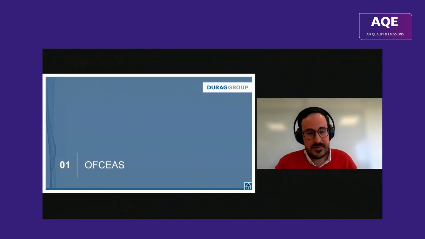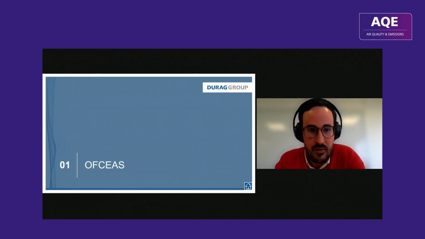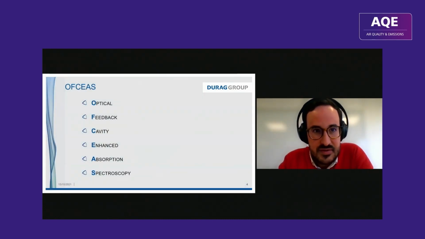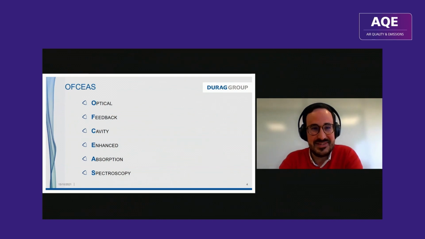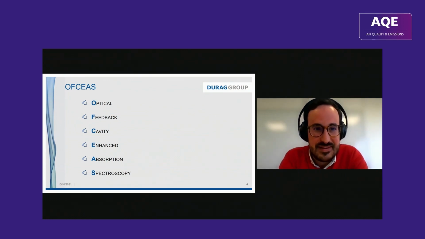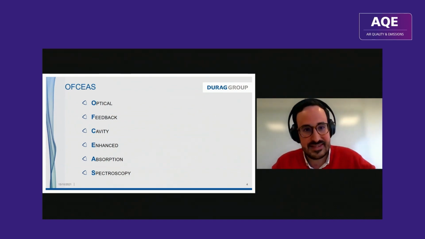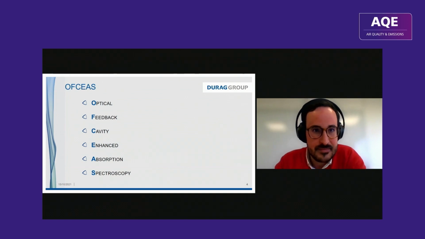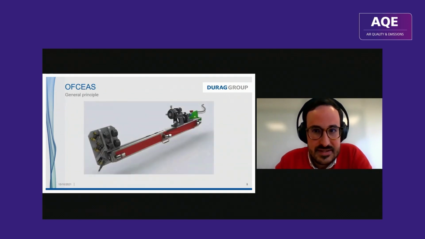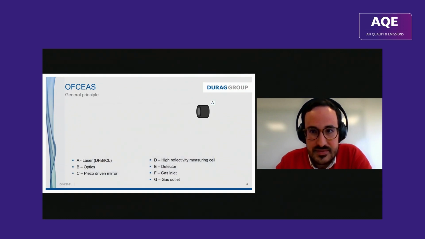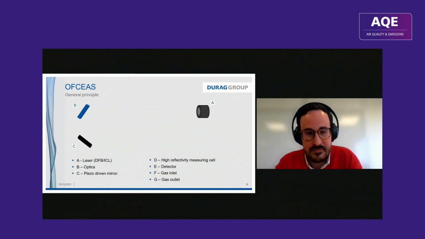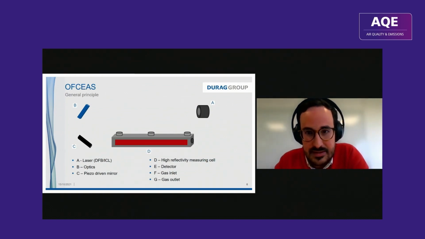First, our first patent, the optical part, OFCEAS. You don't need to remember the entire name, but it means optical feedback cavity enhanced absorption spectroscopy. Basically, it's a laser technology. So that's what you have inside the analyzer: the laser, a set of mirrors, a measuring cell, and a detector.